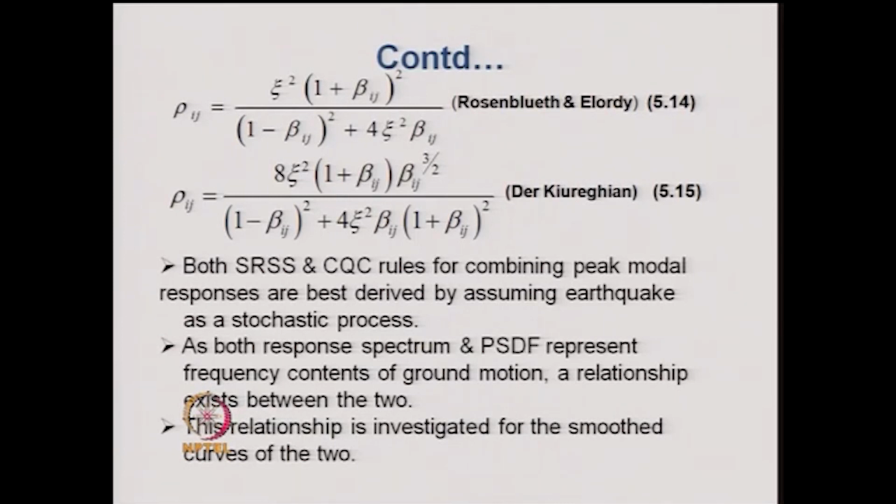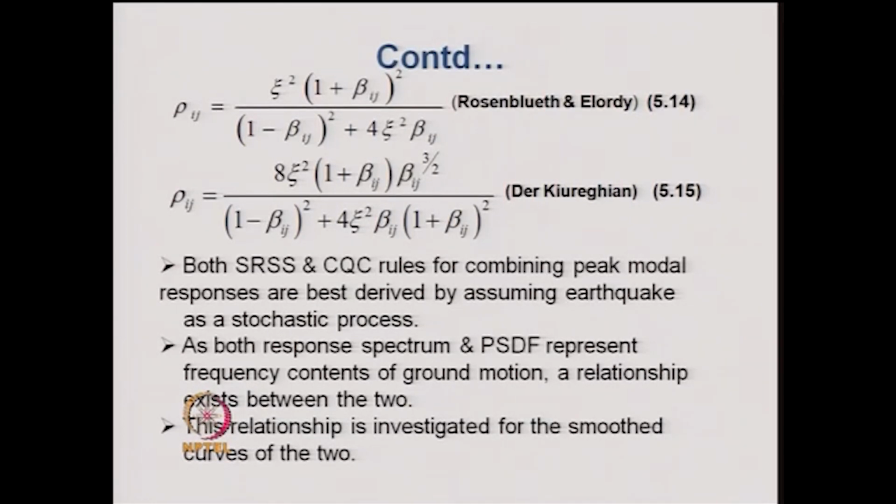one can obtain the value of rho ij that is required for finding the response using the CQC rule. And to find out this rho ij, what we should know is the ratio between the frequencies of the two modes, which are known to us, and the damping ratio xi, which is specified.